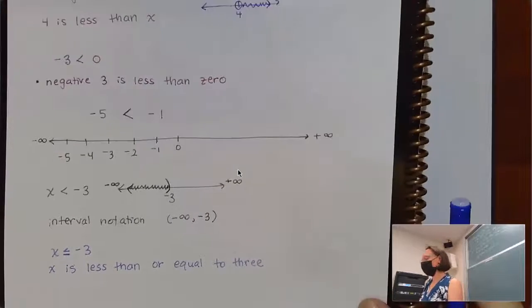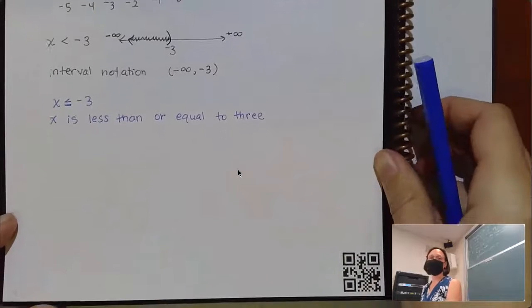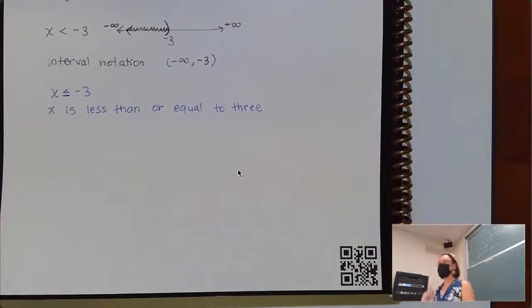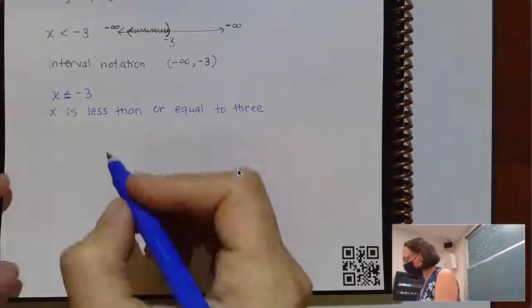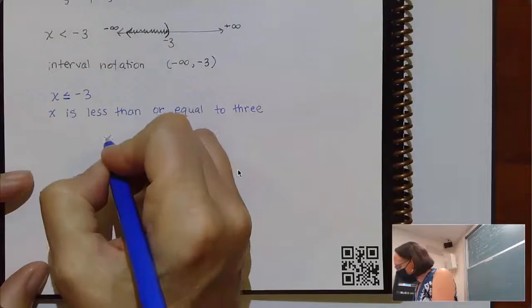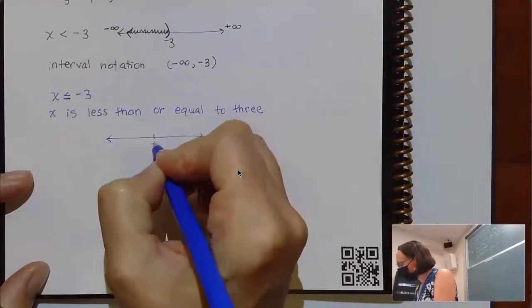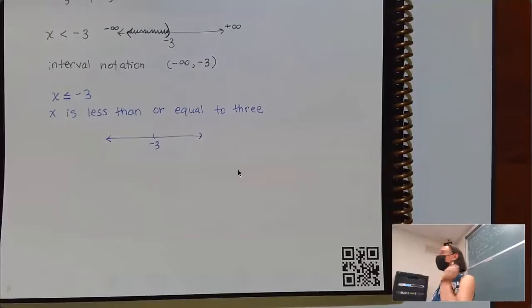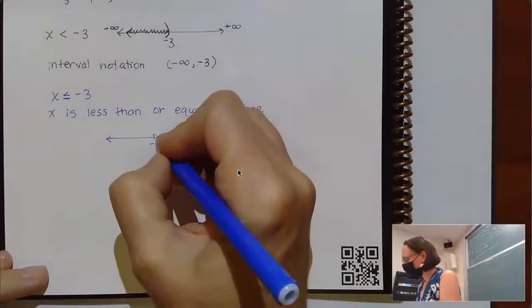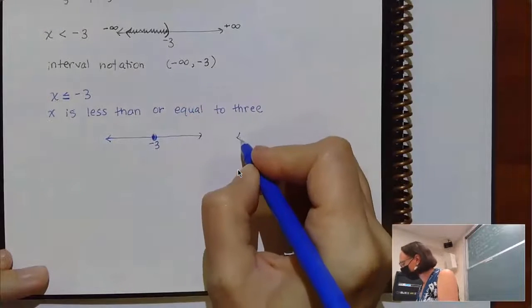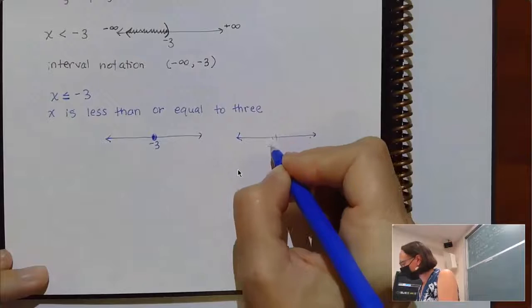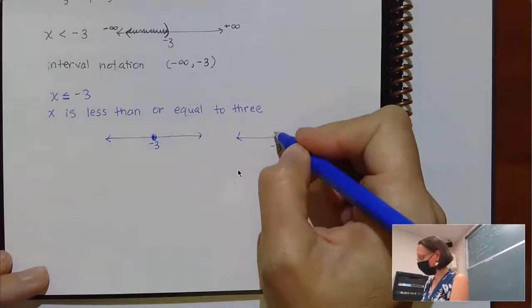And when we have that "or equal to" part, then when we draw it on the number line, for starters, here's my -3. And if we have the "or equal to" part, we should have either a closed circle or you can also use square brackets.